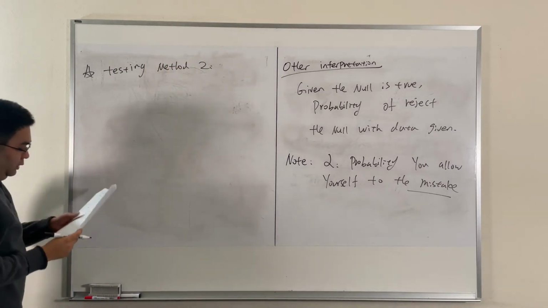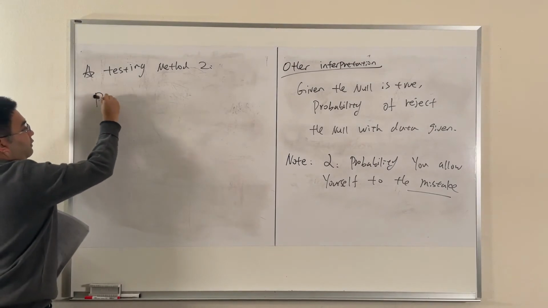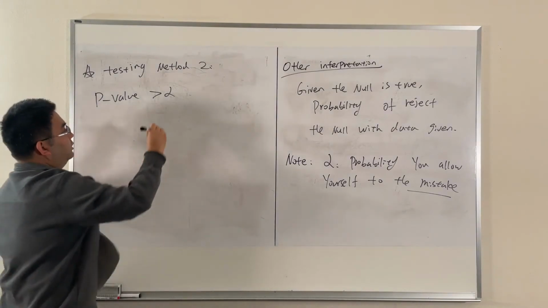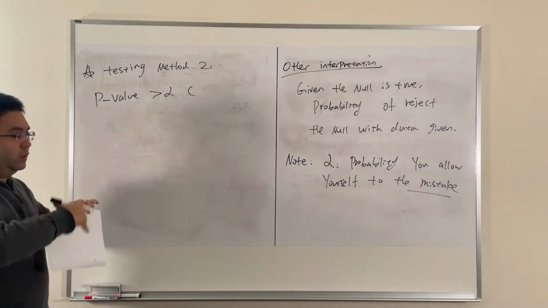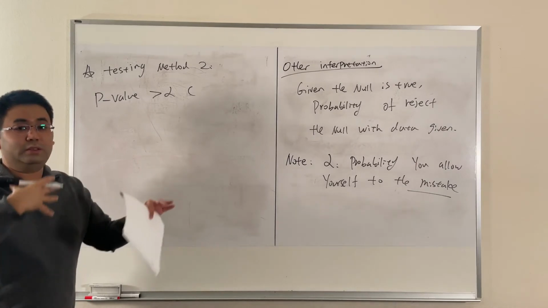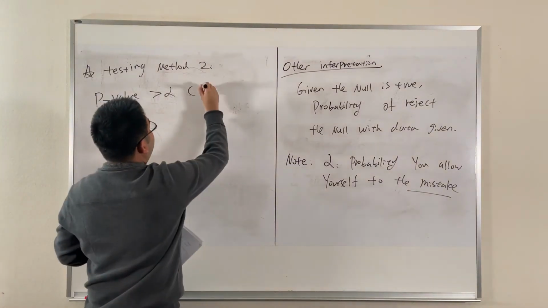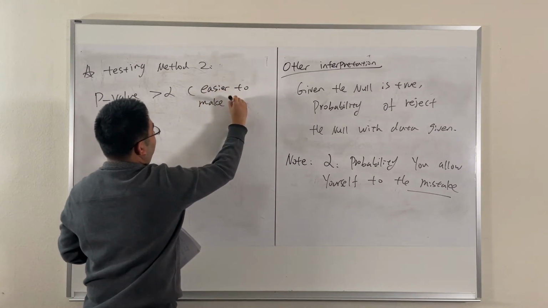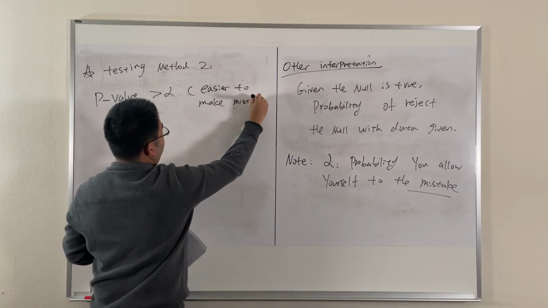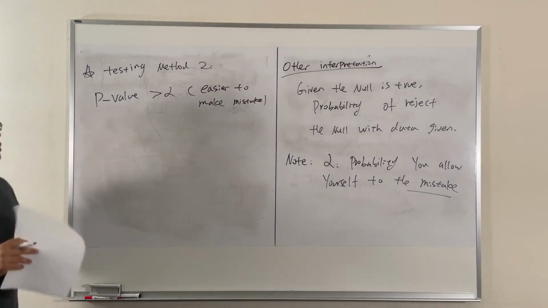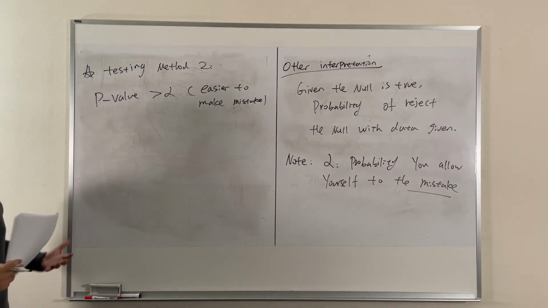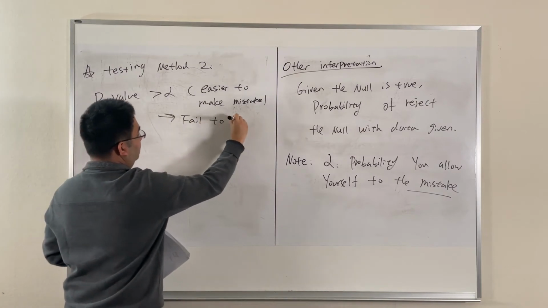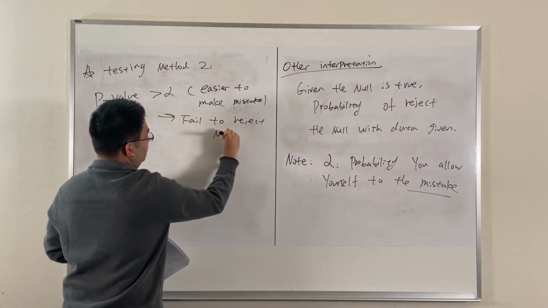Testing method 2, if the p-value you get is greater than alpha, then in this case, you'll be more likely to make the mistake than you allow yourself to make. Right? This is easy to make a mistake. Right? So then you're not going to do it, right? Because you're more likely to make a mistake, then you're not going to do it. So this case is fail to reject the null hypothesis.